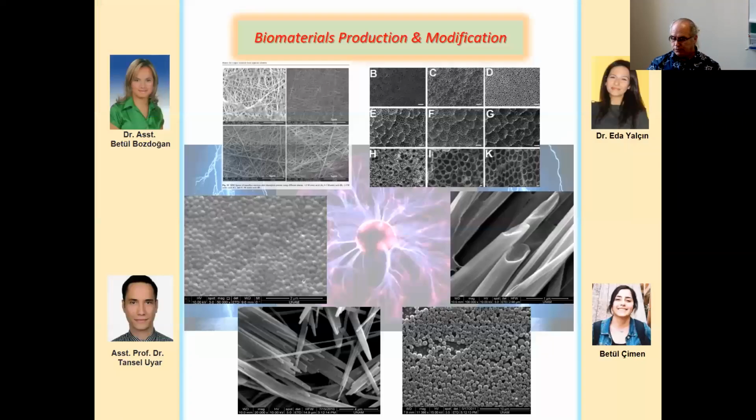My group has been established with more than 10 scientists. Some of them are juniors, some of them are senior scientists. In the first one, biomaterials production and modification, we have mainly focused on micro and nanotechnologies for the production of micro and nano structures with different geometries and structures.